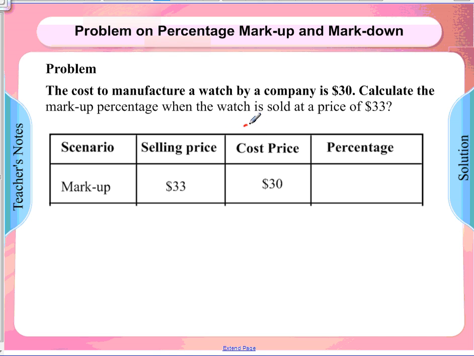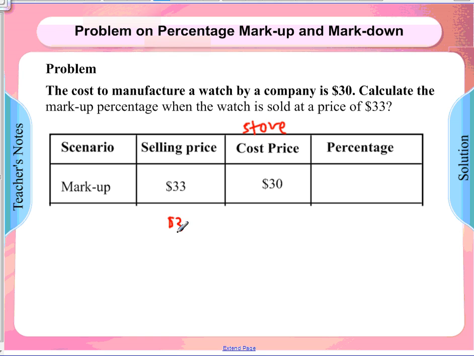This is what the store buys the product for. And we want to figure out how much the item has been marked up. So we need to do 33 minus 30. Okay, so our markup then is going to be $3.